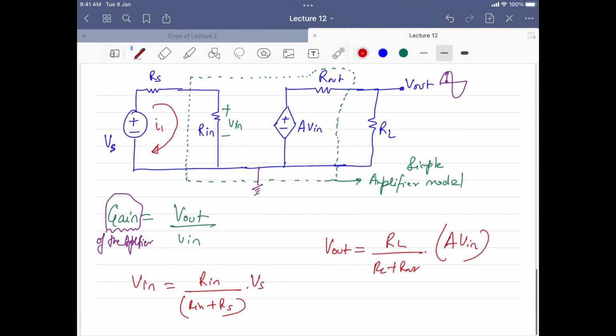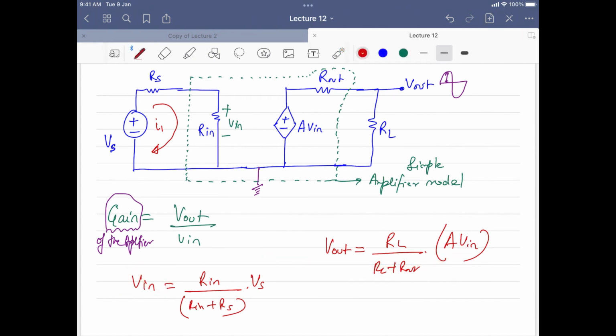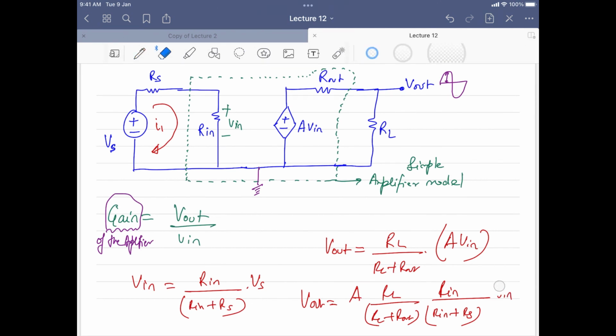So now we will substitute this value of V in into this. If I substitute that value, it will be A times RL over RL plus R out, then Rin over Rin plus Rs, times Vs.